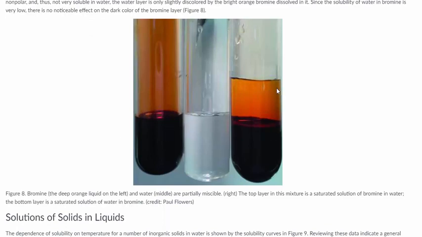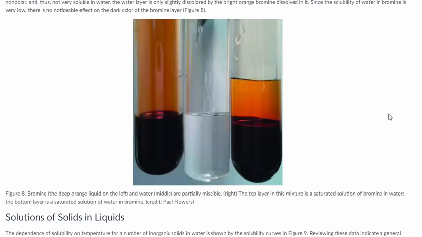You see the water layer that is on top is colored. There is some bromine in it, with a darker layer of bromine underneath. This is partially miscible because we have what's called a low solubility, and we'll quantify these things eventually. But this low solubility allows a little bit to be solubilized instead of a whole lot.